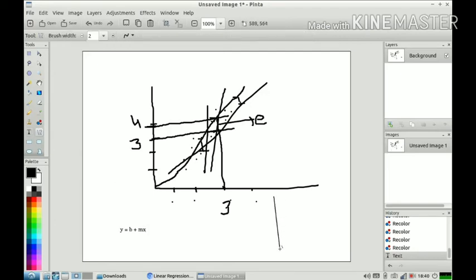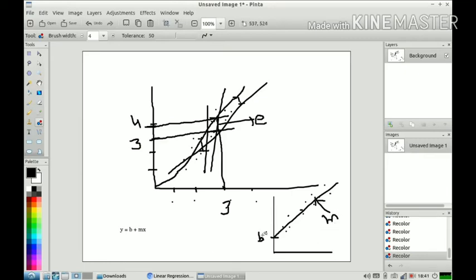If I draw something here, and this is my best model with a lot of points around it, then this intercept is b. b is the point where our line is cutting the y-axis, and the slope of this line is m.